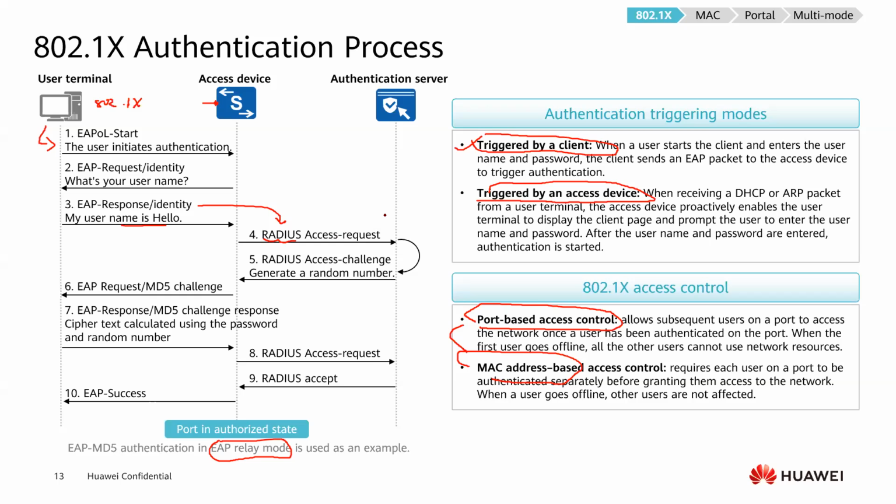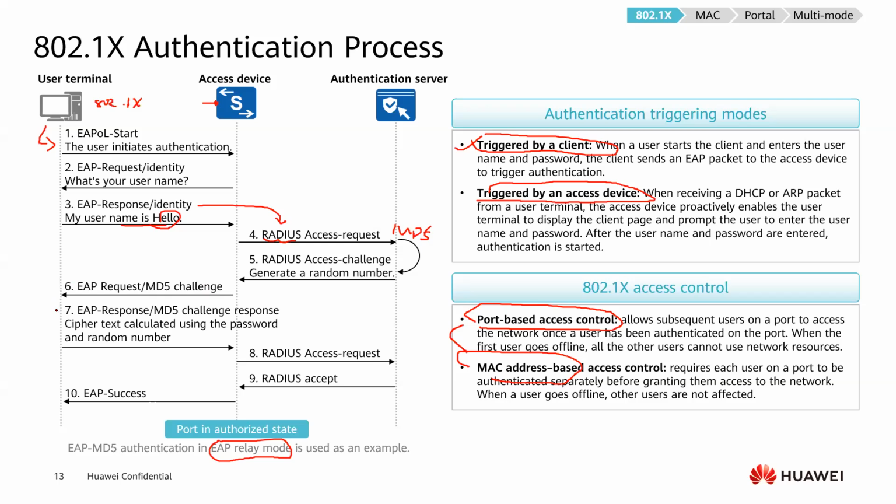And when the RADIUS server receives this packet, it will search the username in its local database, then check the corresponding password and generate an MD5 challenge ID, and then send this challenge ID to the access device, and then to the terminal.